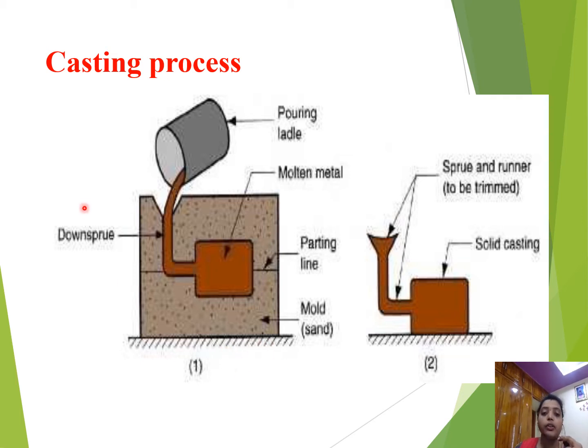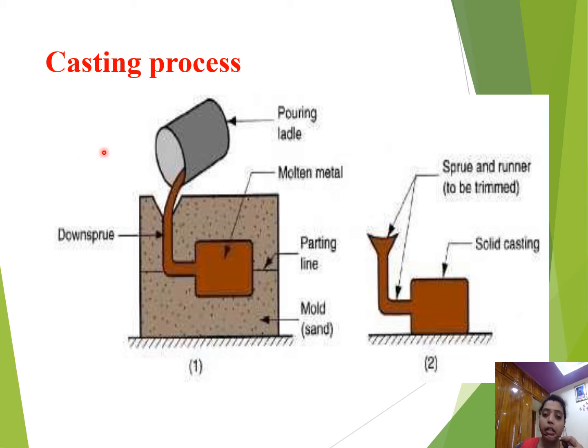First of all, we melt the raw materials in the induction melting machine. Melted means the raw materials are converted into liquid form. As per our required object, we take the raw materials and melt them by using induction or any other process.